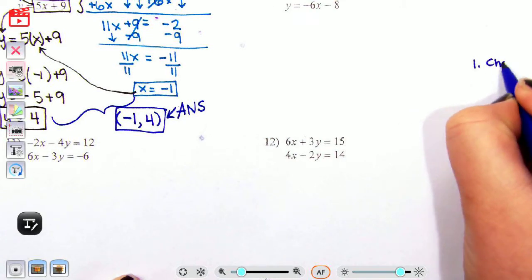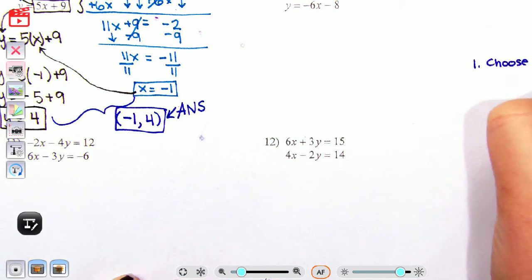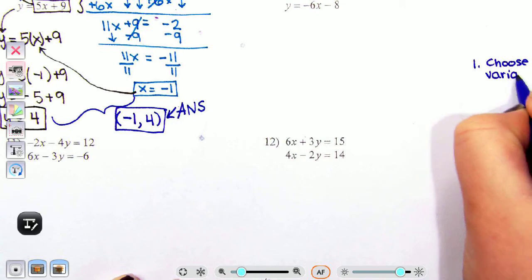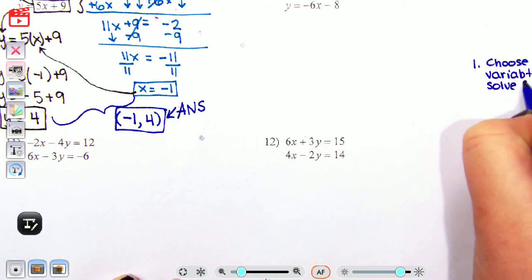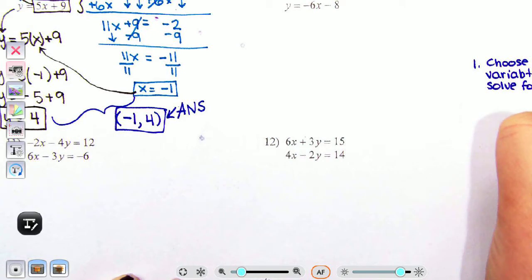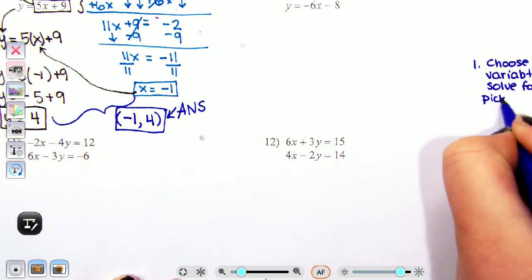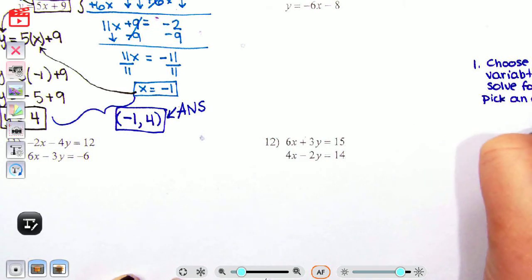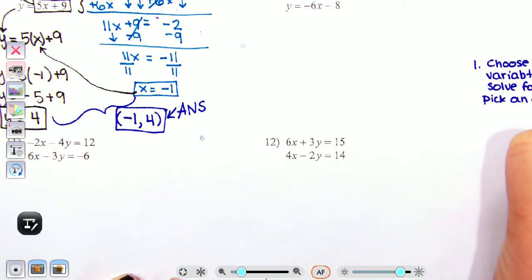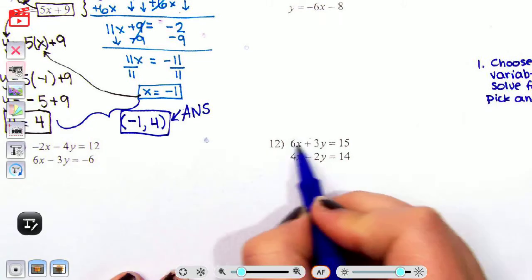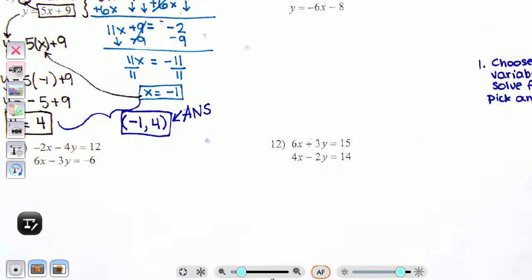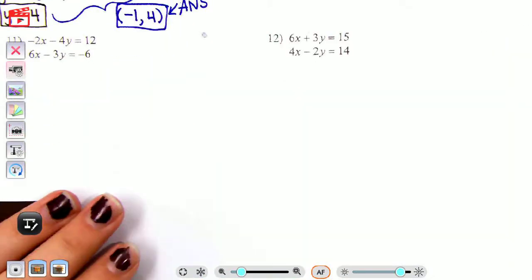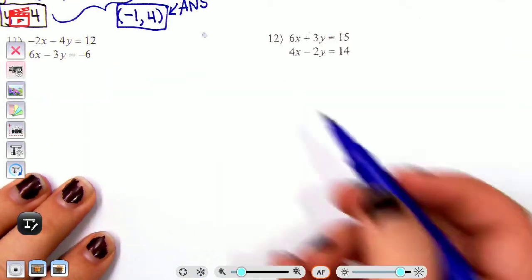Choose a variable to solve for and pick an equation. For example, it doesn't matter which one you choose. I'm going to choose the first equation. I'm going to shift this up, I'm running out of room. So I'm going to choose the first one.